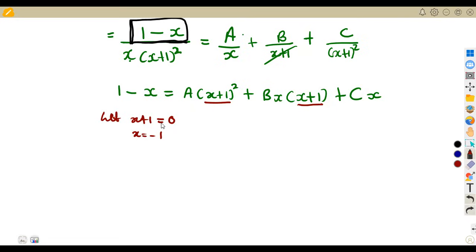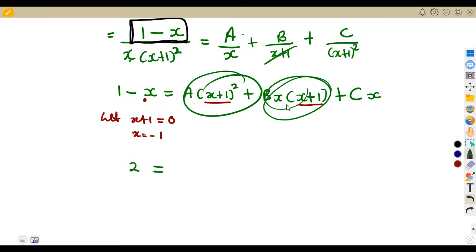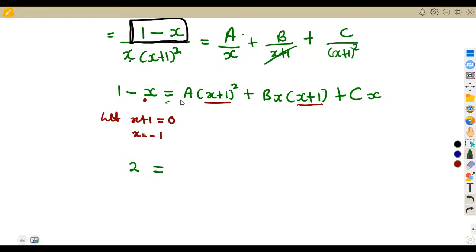For this bracket to be equal to 0, x must be equal to minus 1. So we are going to substitute x, which is minus 1, on the left-hand side. That will be 1 minus, we substitute x, which is minus 1 like this. So that's minus minus a plus, which gives us a 2. On the right-hand side, there's no need to substitute because already this bracket is equal to 0.